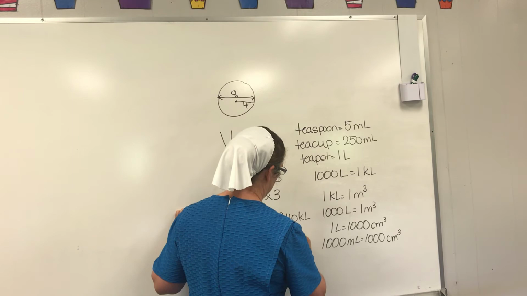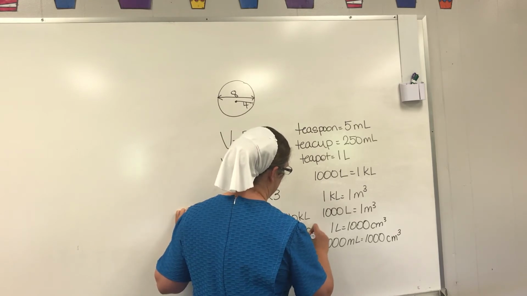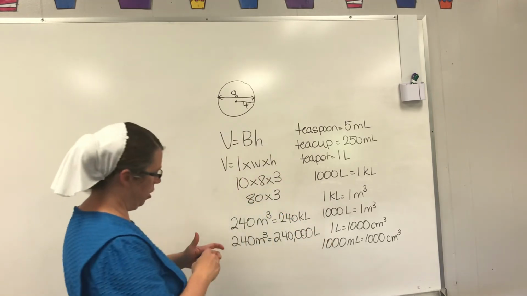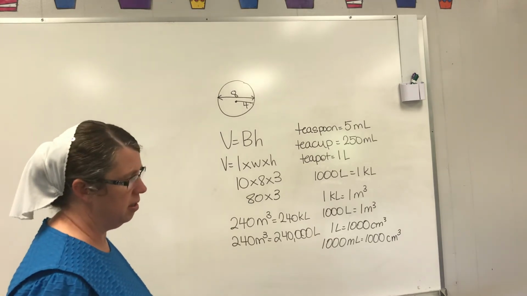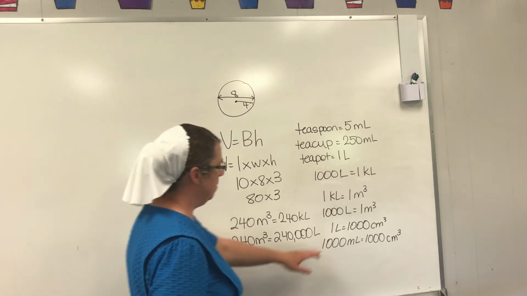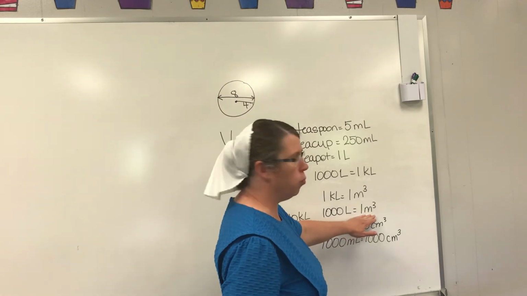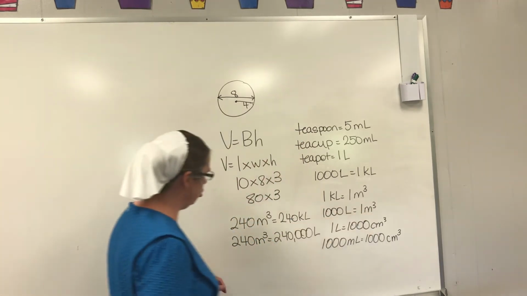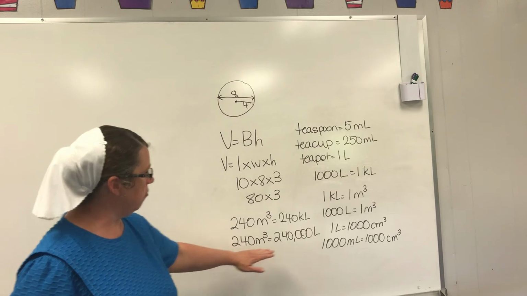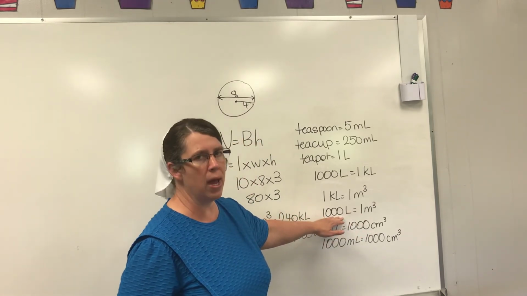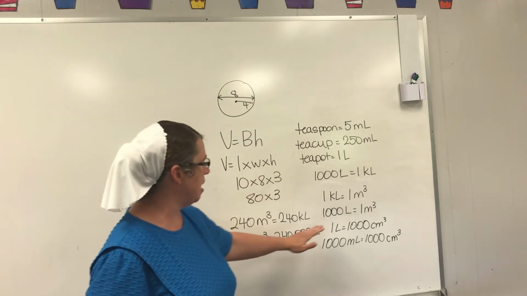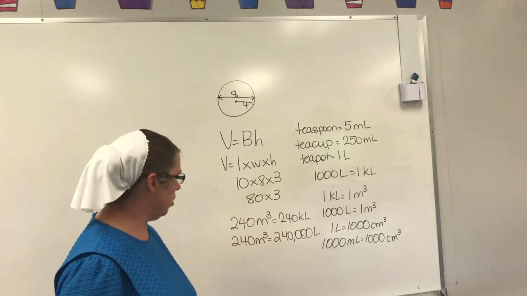So we're going to have 240,000 liters. Okay? Takes 1,000 liters to make 1 meter cubed. If we have 240 meters cubed, that means our liters is going to have to be way bigger. You're going to multiply times 1,000 is what you did.